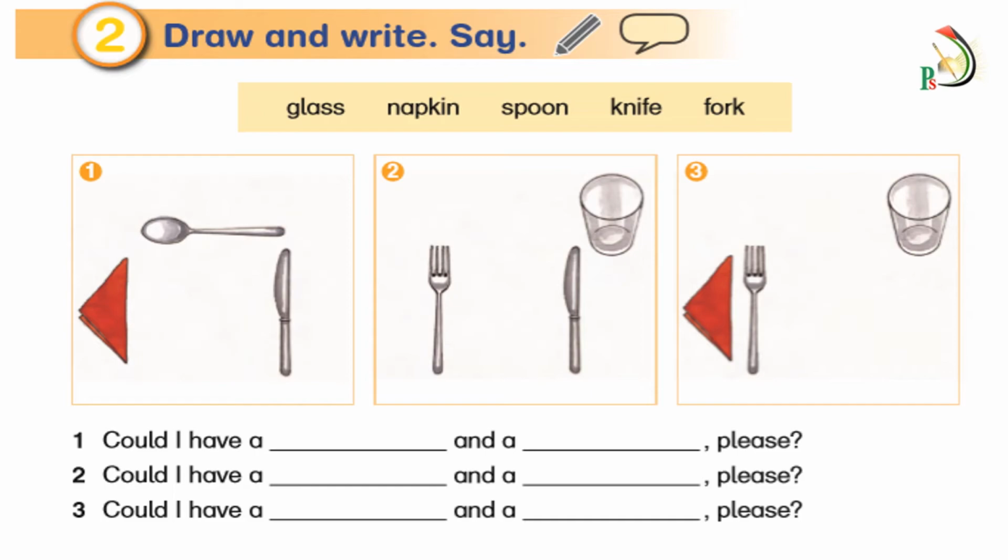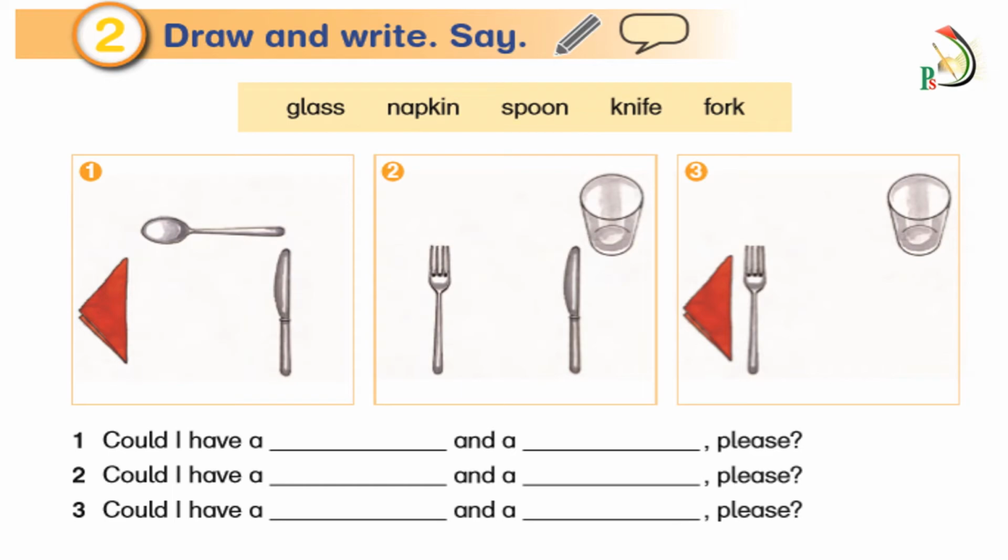Let's start with table number 1. What can you see in this table? I can see a spoon, a napkin, and a knife, right? Tell me now, what are the missing things in your table? Table number 1. What are the missing things?